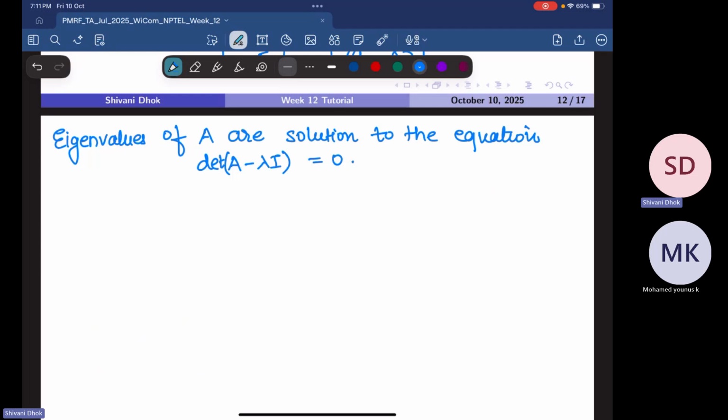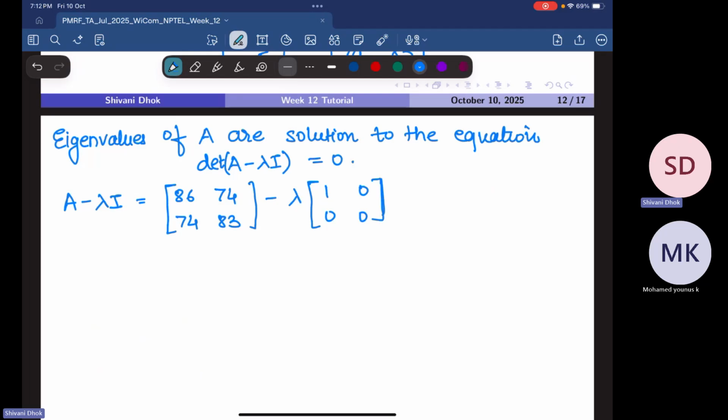So what is my A minus lambda I? A minus lambda I is equal to 86, 74, 74, 83 minus lambda times the identity matrix 1, 0, 0, 1. So this is nothing but 86 minus lambda, 74, 74, 83 minus lambda.